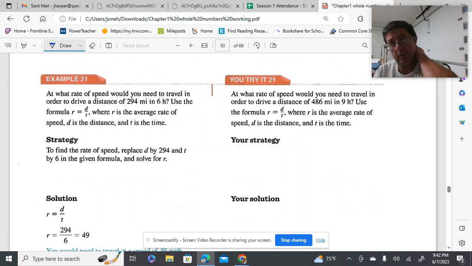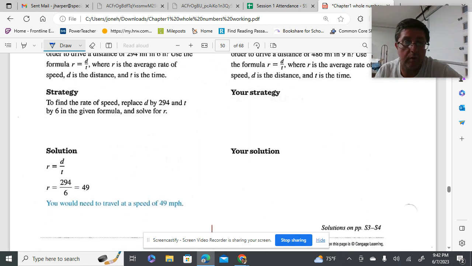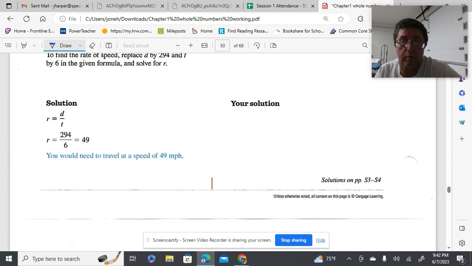So your rate would be distance divided by time, and that would equal your rate. So you would take 294 miles divided by 6. And then it would say you would need to travel at a speed of 49 miles per hour to be able to drive this far in 6 hours. That's actually pretty slow. Okay.